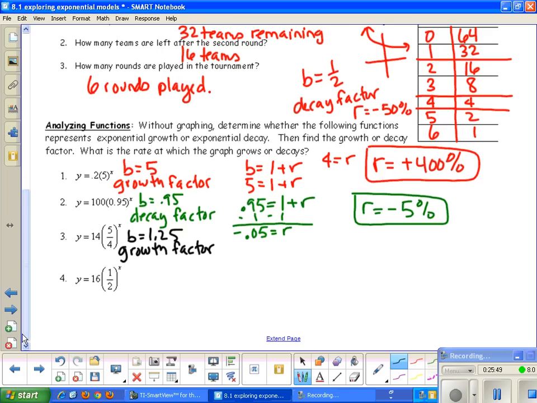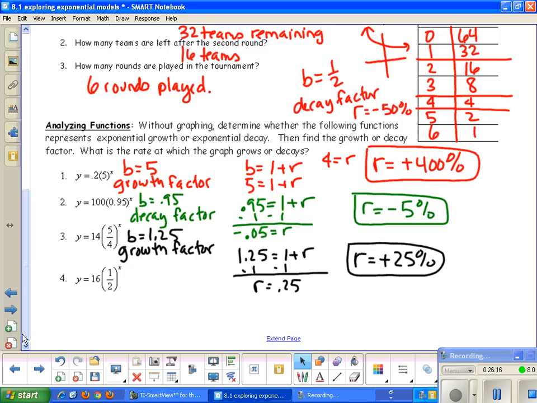In order to find the rate at which we are growing, we use the same formula. 1.25 is equal to 1 plus my rate. When you subtract the 1, you end up with your rate being equal to 0.25. So that means the rate at which I am growing is going to be positive 25%.